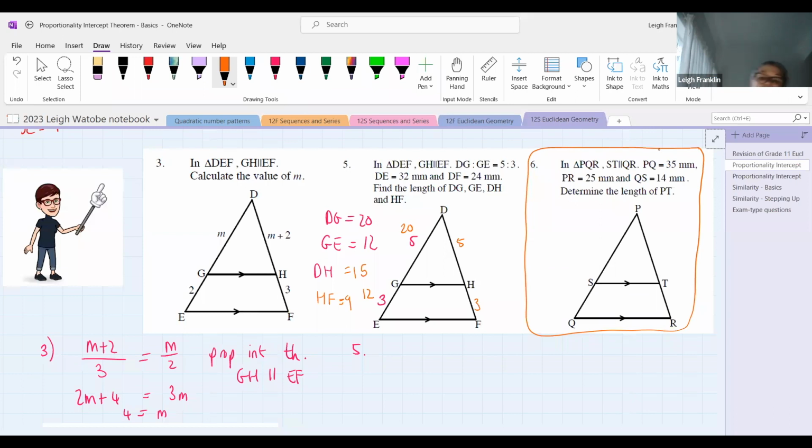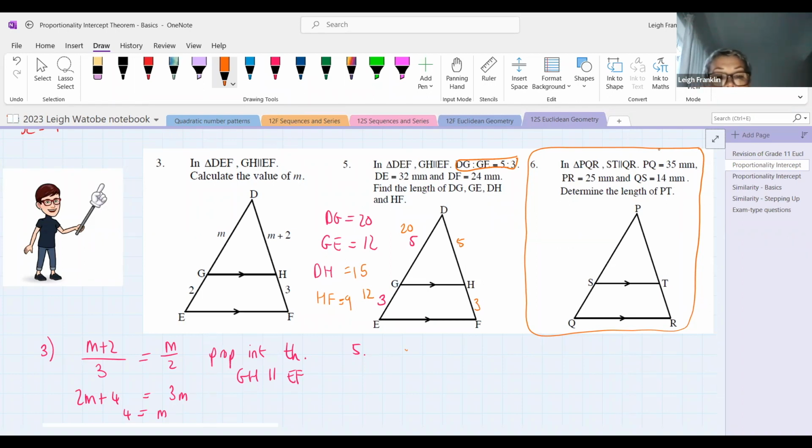As far as the steps of question 5 are concerned, yes, absolutely, I'm more than happy to explain that to you. Now, they've told us that DG to GE is in the ratio 5 is to 3. If they tell us that the length of DE is 32, what that means is that line DE has been cut into 8 equal parts.